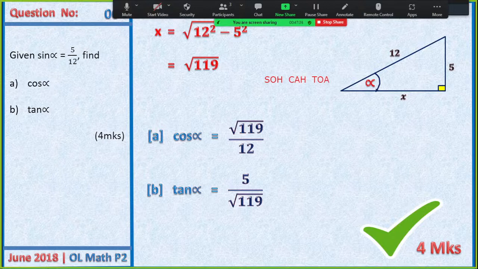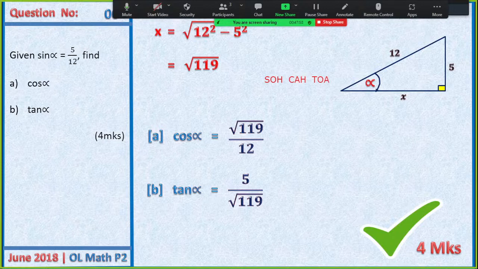Are we together? Any question? Alright, I think we can move to the next question.